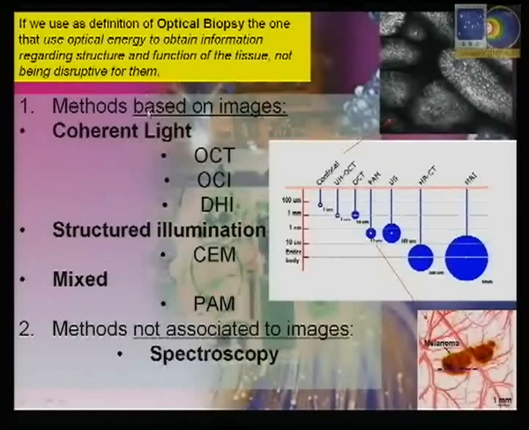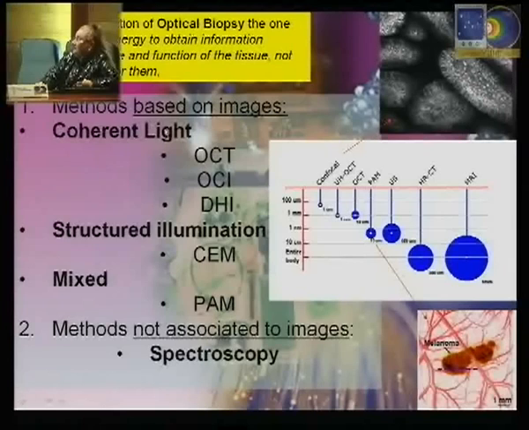How can we divide the systems based on images? We can divide them according to whether they use coherent light or non-coherent light, but obviously some type of quality light, because the illumination is structured, or mixed technology.